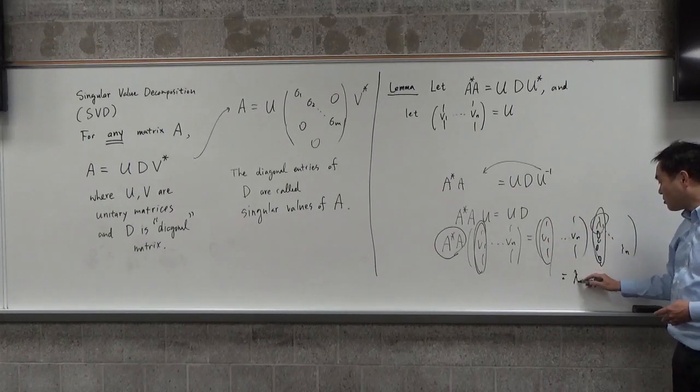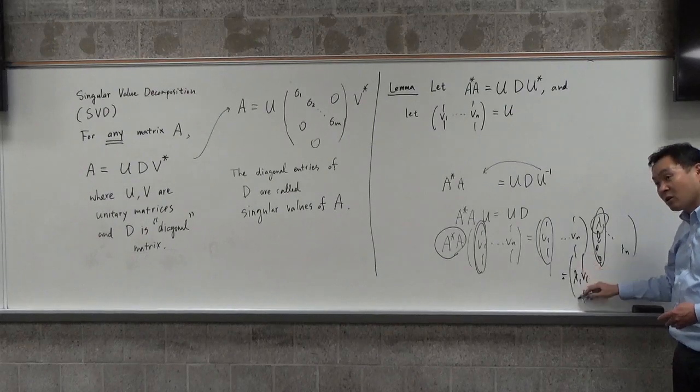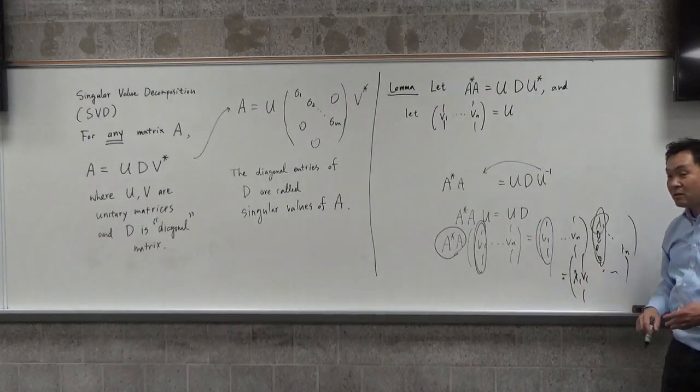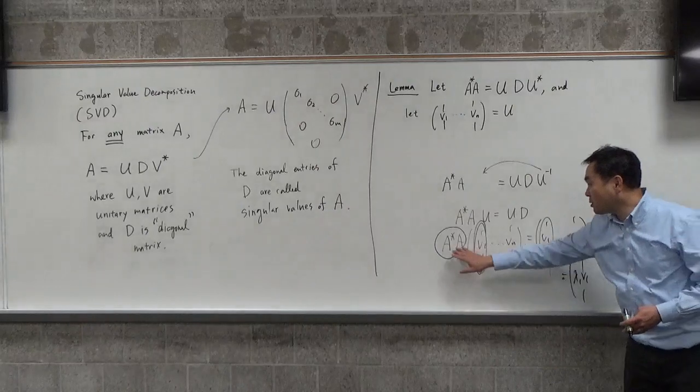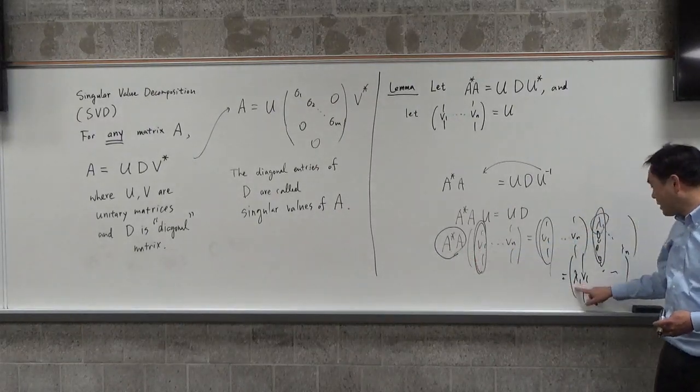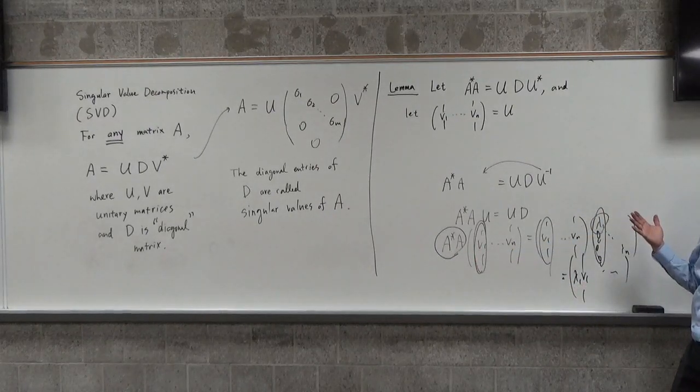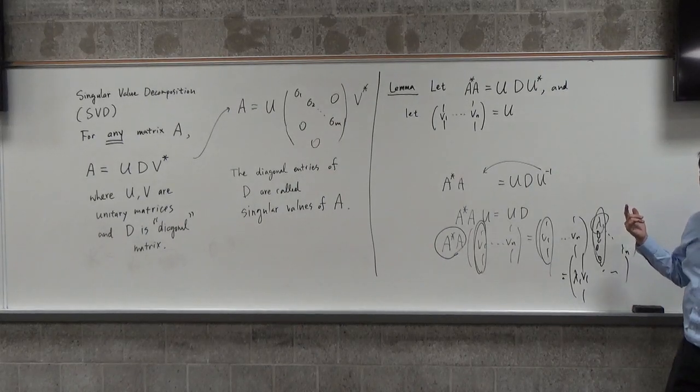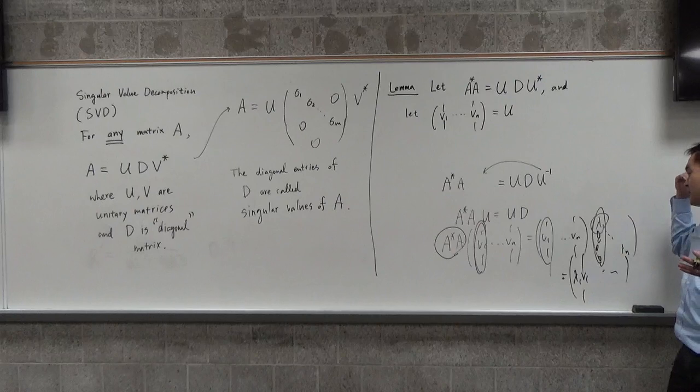So the outcome is you have lambda 1 V1 as the first column. So what does that mean? If you have some matrix times V1 equals lambda 1 V1, what does that mean?